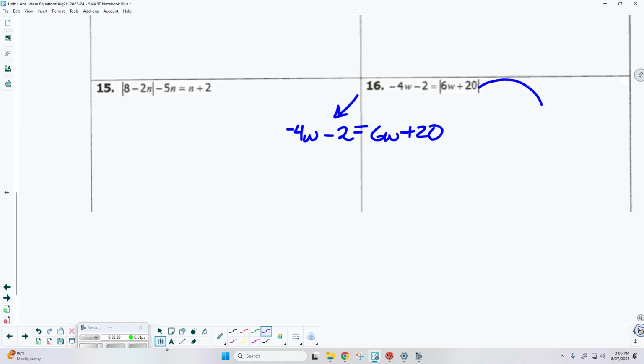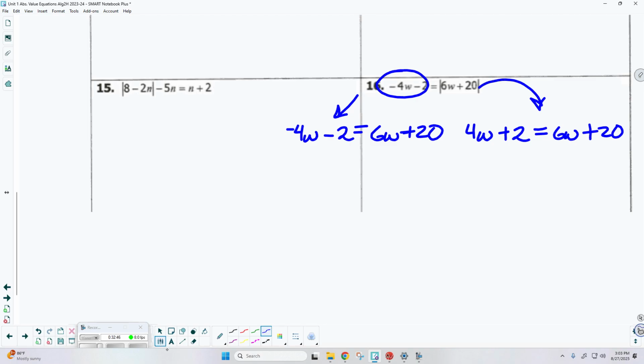Okay. What would my second equation be? There you go. Remember, whatever it equals, you're taking the opposite for the second equation. So positive 4w plus 2 equals 6w plus 20. There we go. Okay. Now, we're going to solve this one first, the one on the left.